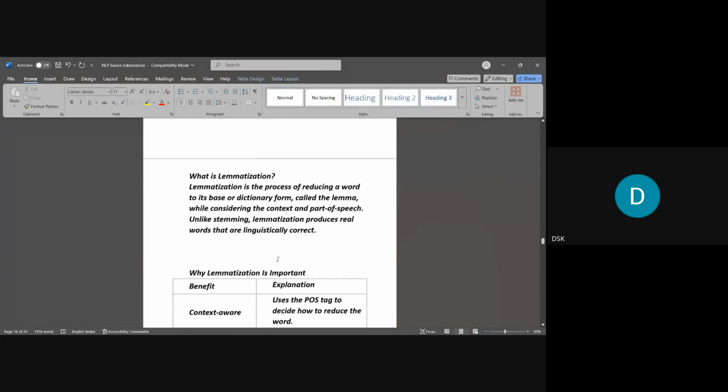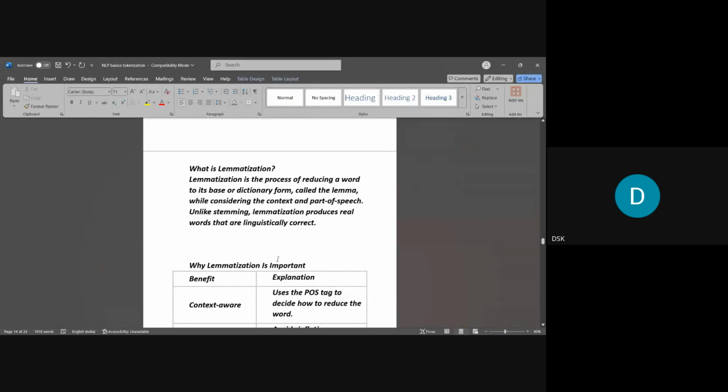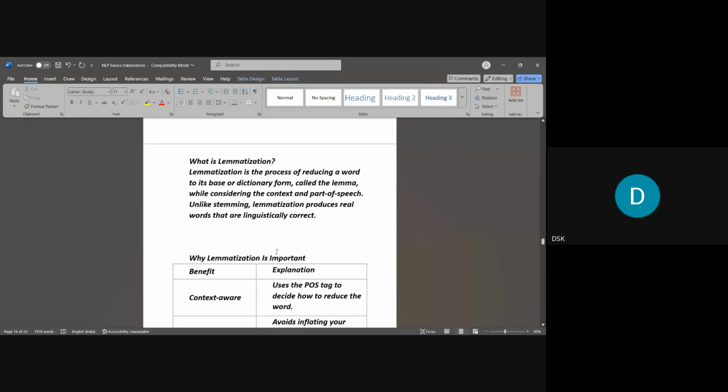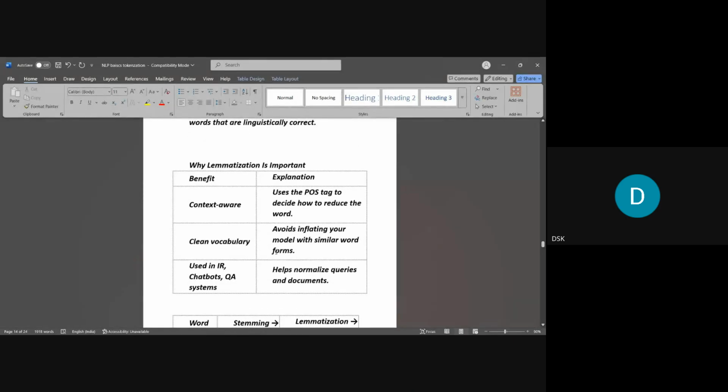So here comes what is lemmatization. Lemmatization is the process of reducing a word to its base or dictionary form called the lemma, while considering the context and part of speech. Unlike stemming, lemmatization produces real words that are linguistically correct. So why is lemmatization important?